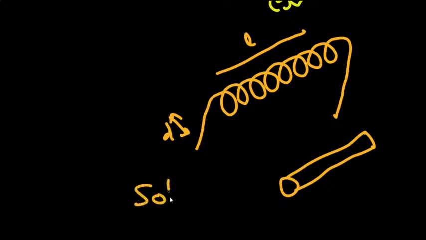And one more thing, its length is much greater than its diameter. Then such a circular coil is known as a solenoid.